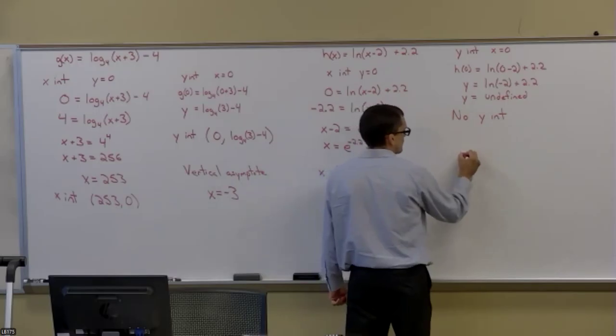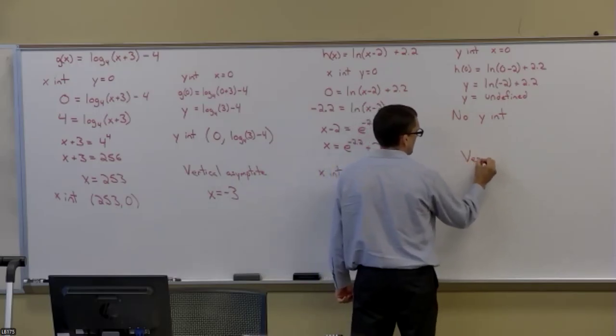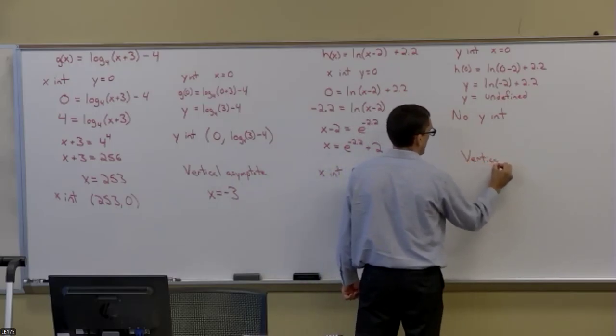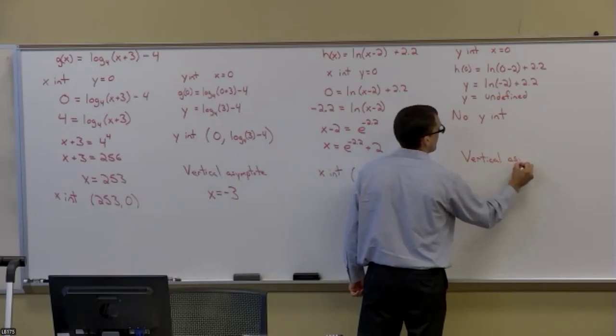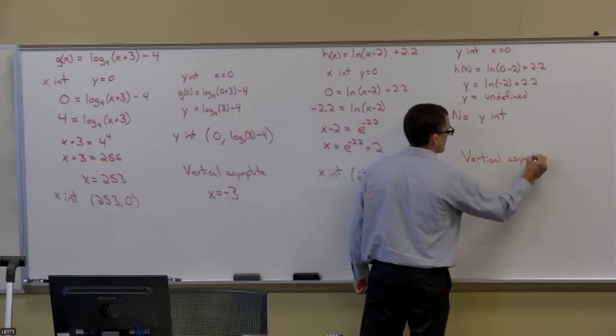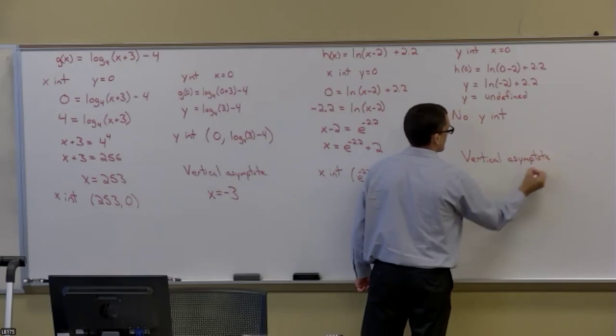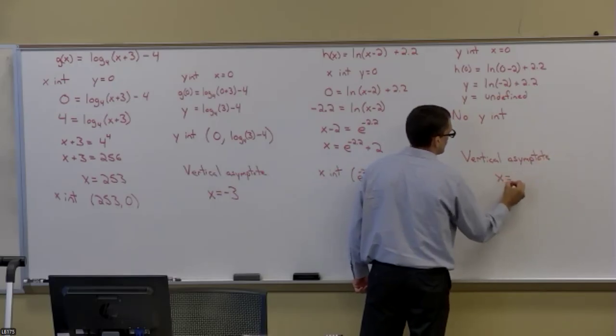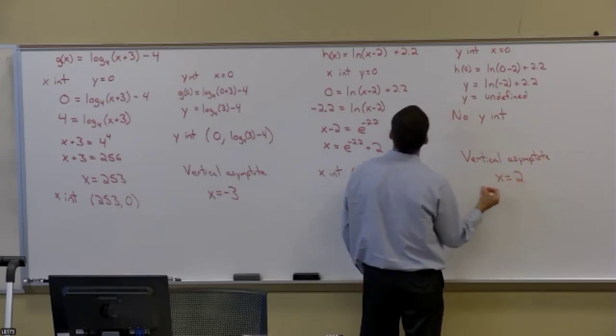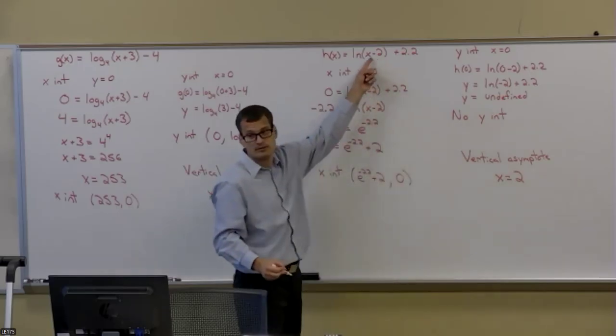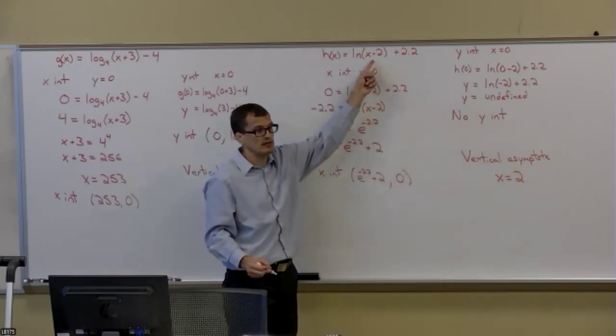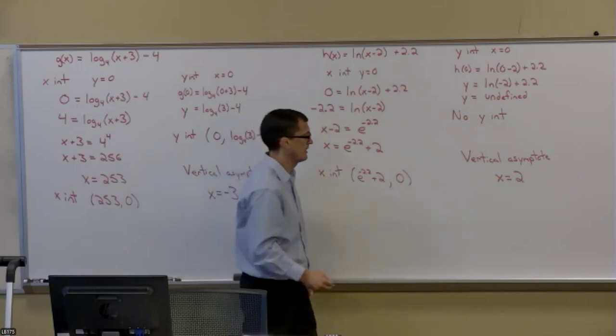We could have also seen that and thought through that logically, because the vertical asymptote was x equal to a positive 2. Right? x minus 2, x was equal to a positive 2.